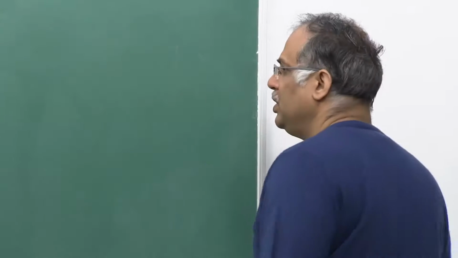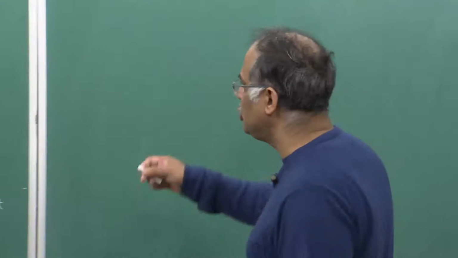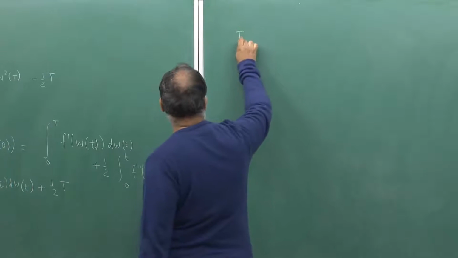So, now we are going to define something called an Ito process. We have just mentioned in the last class what an Ito process would look like.